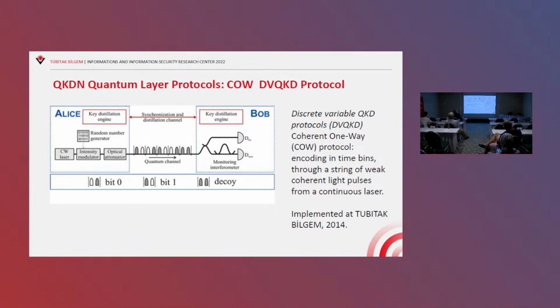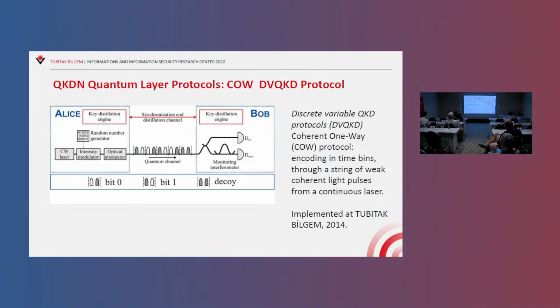This example, which we call COW, coherent one-way protocol, the reason I'm showing this is that it was implemented at TÜBİTAK on an optical table using standard optical components in 2014.